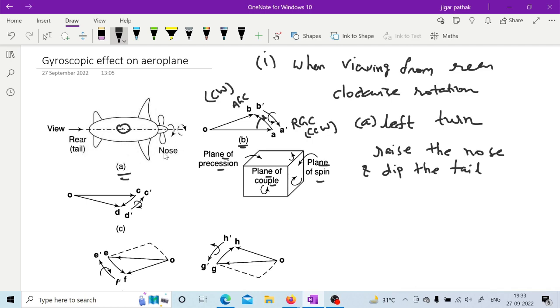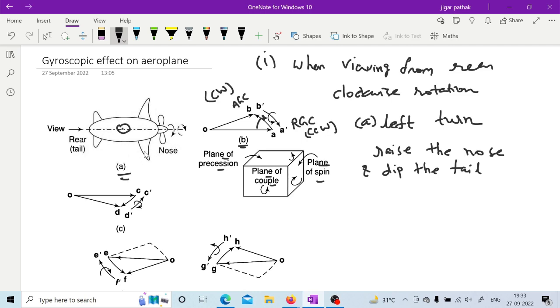Or you have various rotating elements in your engine, whether it is an aeroplane or ship or any automobile, right? So here you have a rotating element in your aeroplane which has clockwise motion when you are viewing from the rear, right?